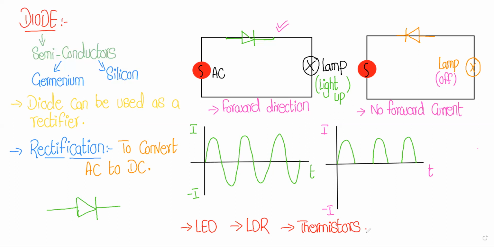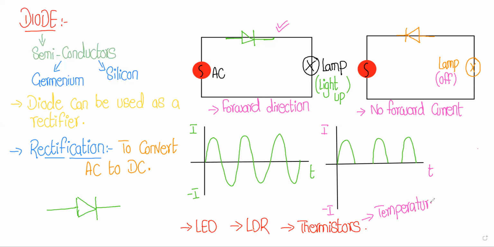Yes, light emitting diode. LED means light emitting diode. LDR means light detecting resistance or light dependent resistance. Thermistors will work on the concept of temperature. It will increase or decrease the value of electric current with respect to the temperature, right?